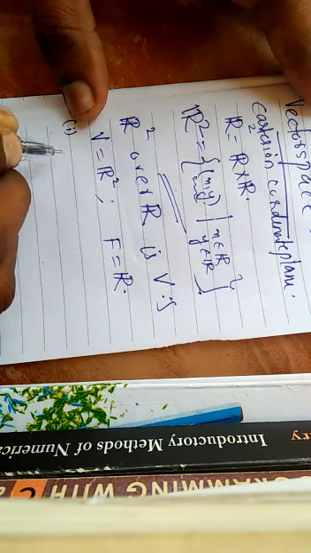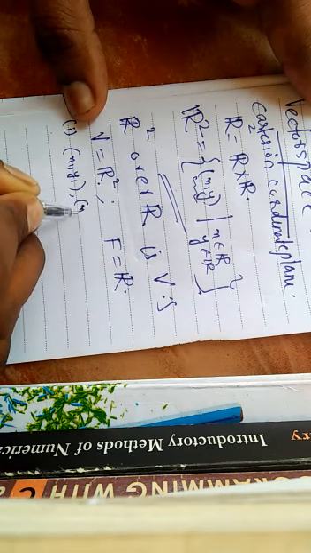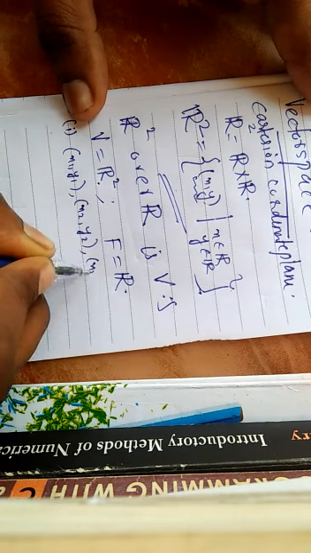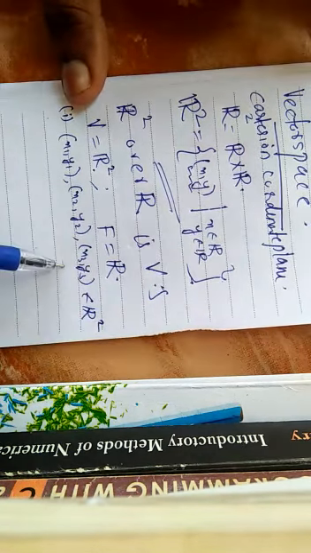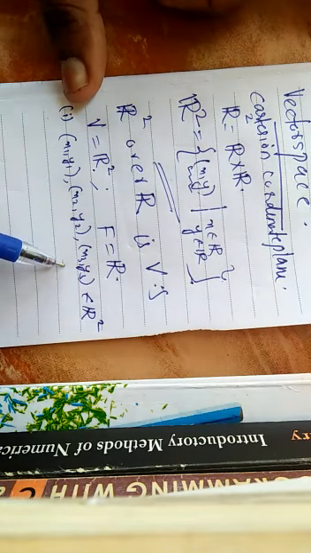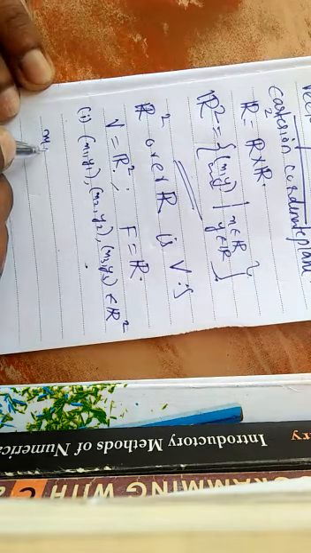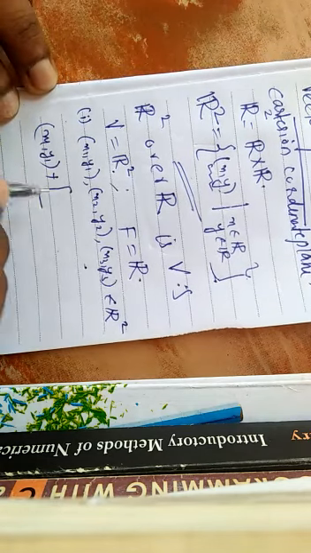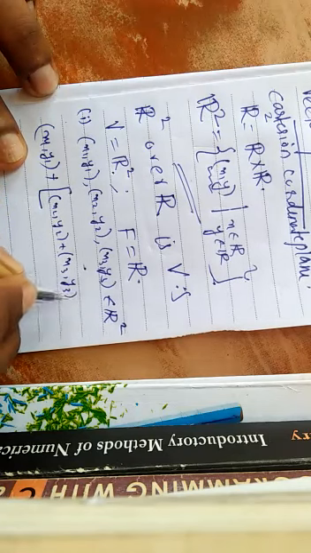We take three elements from R2: (x1, y1), (x2, y2), (x3, y3) are elements of R2. These three elements are from R2. (x1, y1) plus (x2, y2) plus (x3, y3).